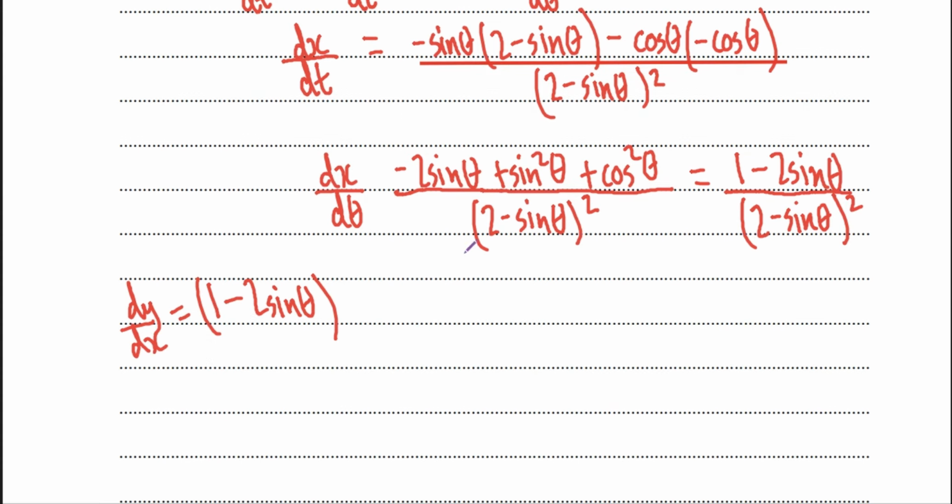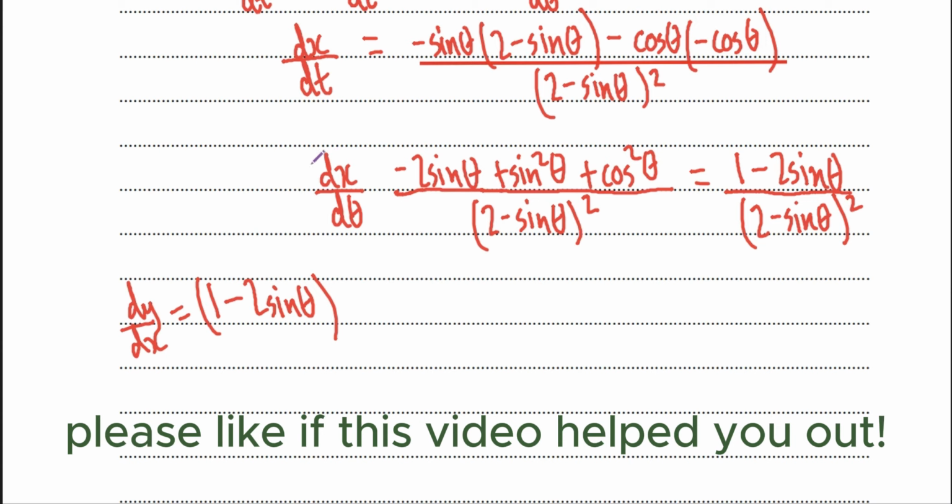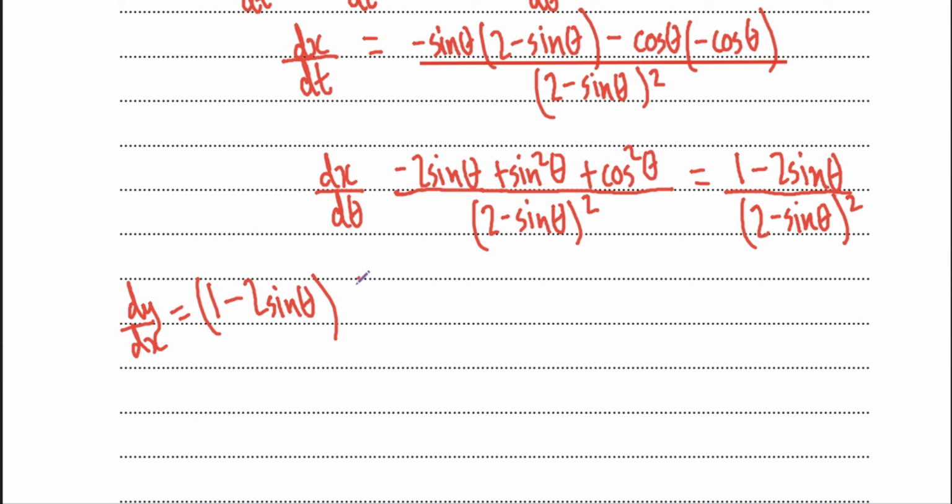If you're dividing by this, you do the reciprocal and multiply. So you get times (2 minus sine theta) all squared divided by 1 minus 2 sine theta.